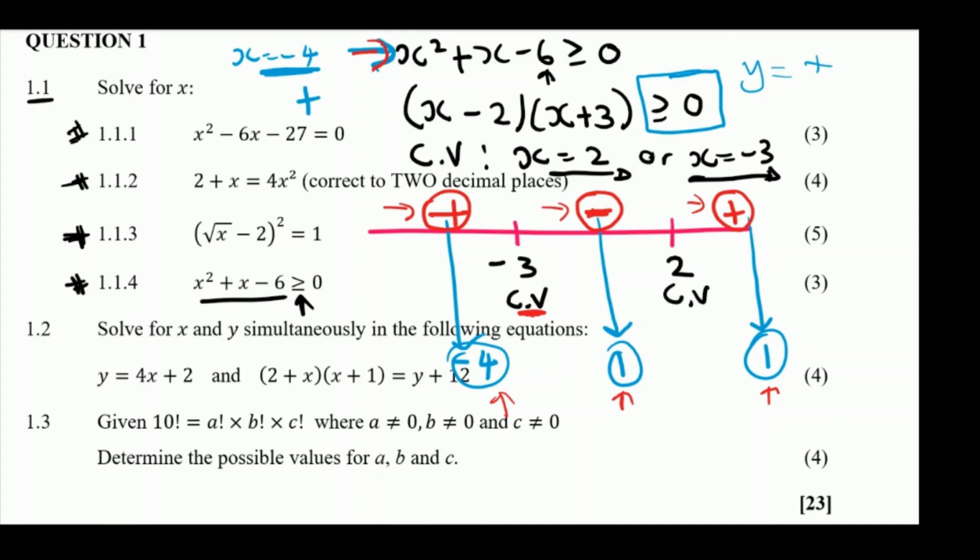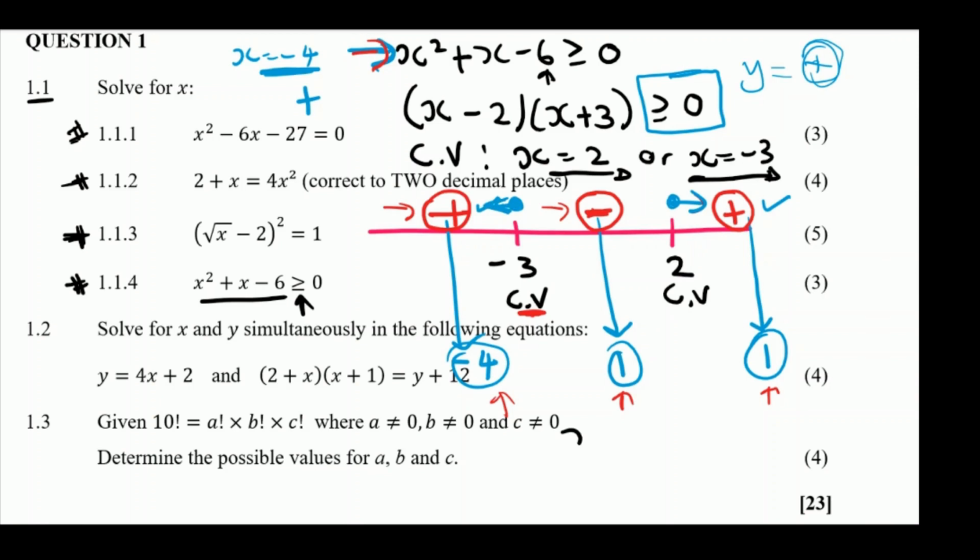So what are the values of x when solutions of y are positive, right? Where are solutions of y positive? They are positive here and they're positive here, right? So your x values in this region face the positive side, and even here they face the positive side. So how do we conclude?